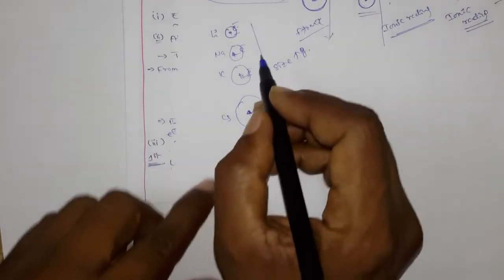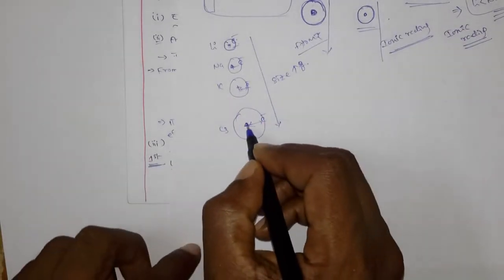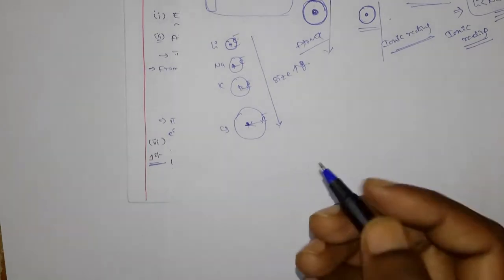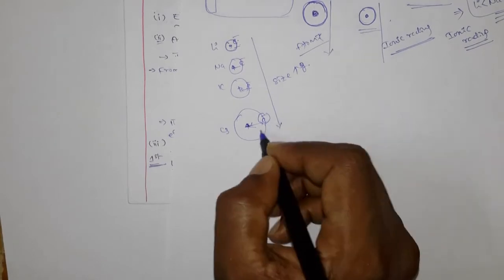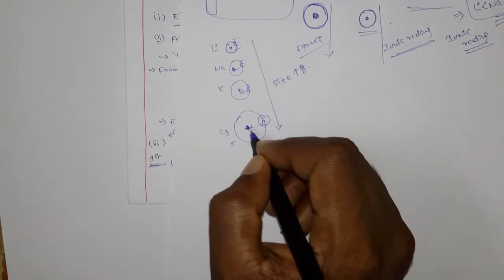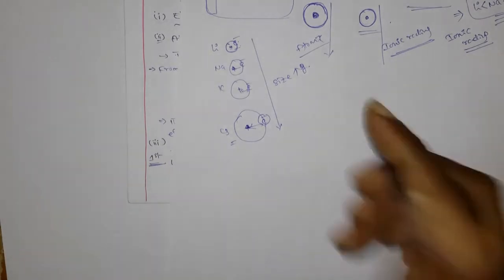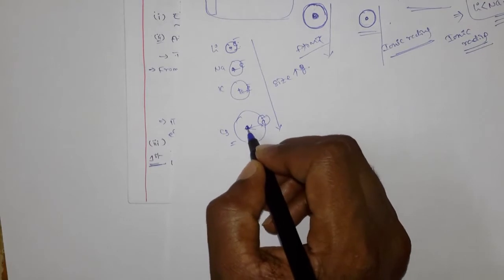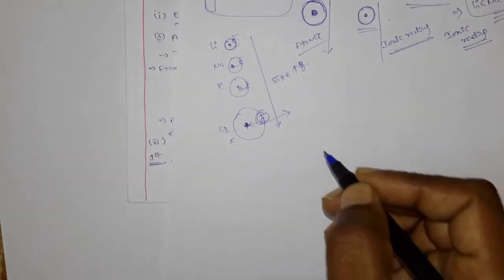So what has happened here? The positive and negative are very close to each other here, and here the positive and negative are a little bit away from each other. So where is the removal of the electron easy? In cesium, because the positive charge is a little bit away, you can easily break the attraction between the positive and negative charge, so you can easily remove the electron.